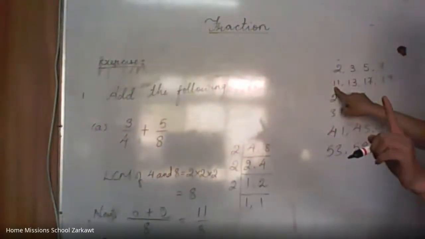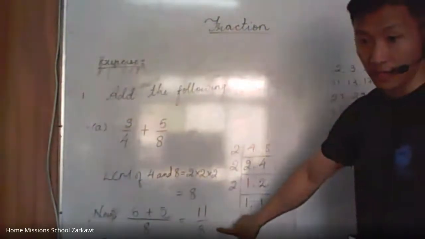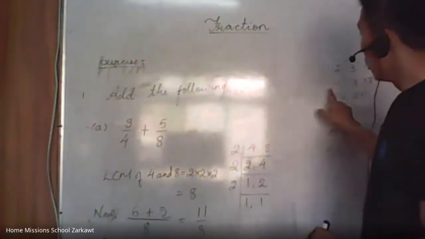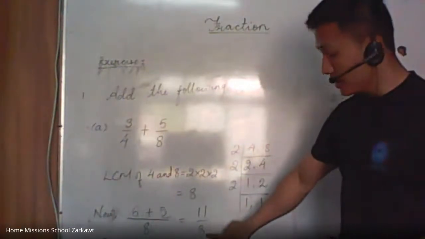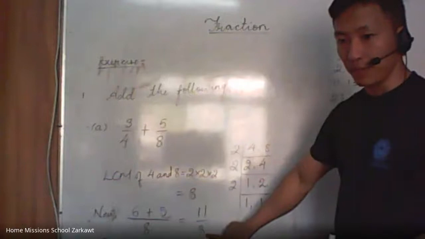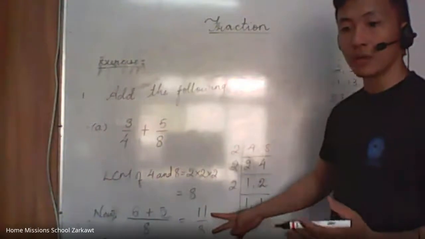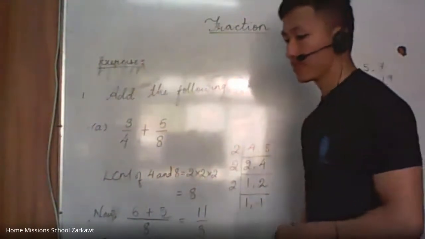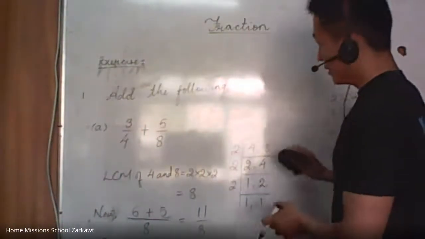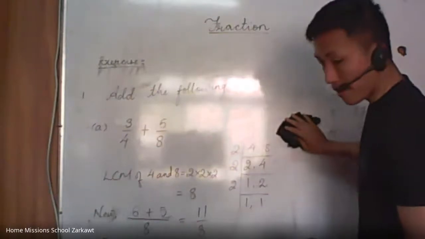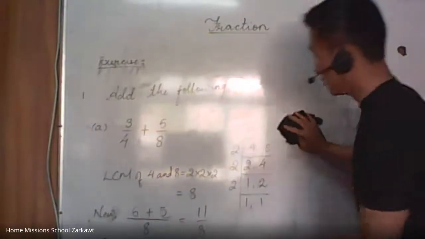Only the number 1 and the number itself can divide it exactly. So 8 times table has no 11. This is the lowest term. We can't reduce it. All right, we almost finished, we still have 5 minutes left. Okay, can I erase? If you want to copy, write it down.